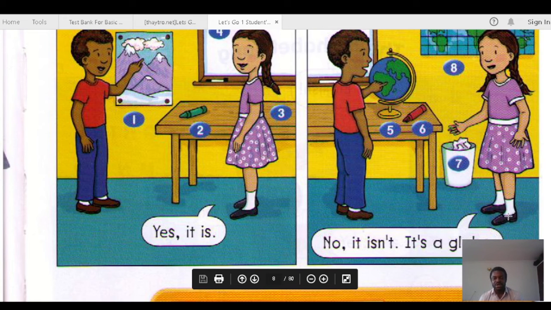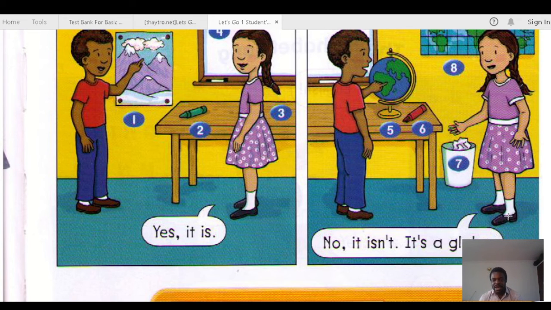I am a teacher. Positive sentence. I am not a teacher. Negative sentence. Am I a teacher? That's a question. You are a student. Positive sentence. You are not a student. Negative sentence. Are you a student? Question.